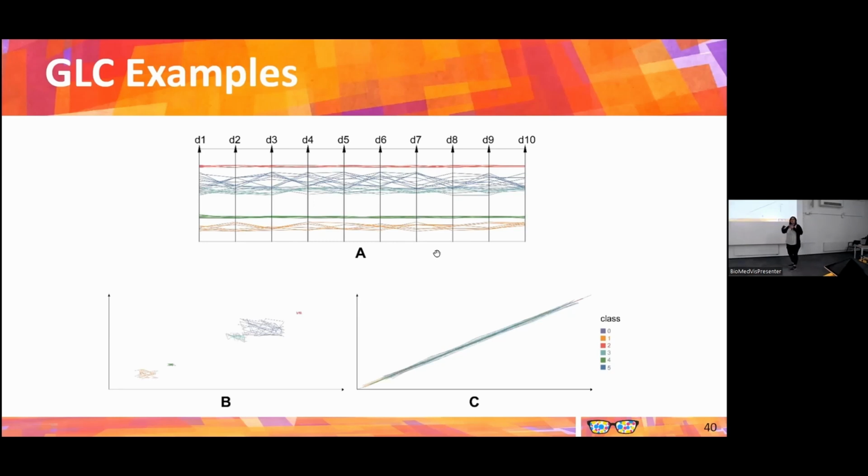In this case, all the lines are completely overflowed. So in this case, this representation is better if we want to differentiate the clusters, but it doesn't mean that this is the best representation. It depends on the task, what you are doing, the data set, and a lot of things.